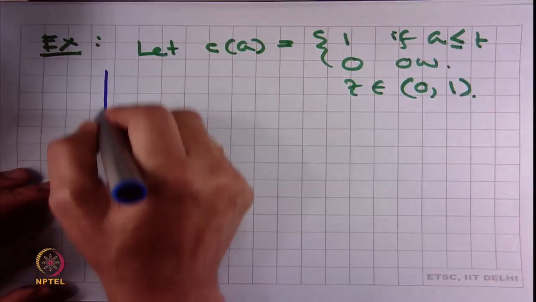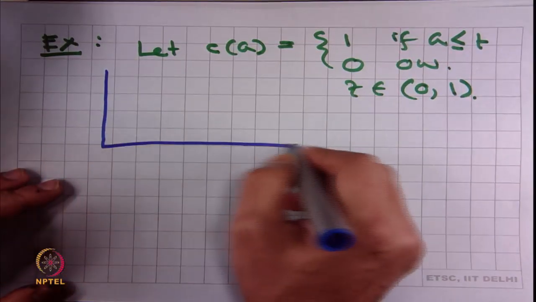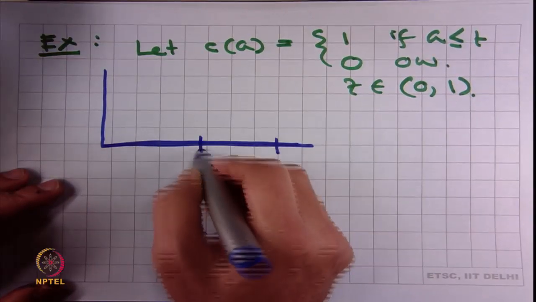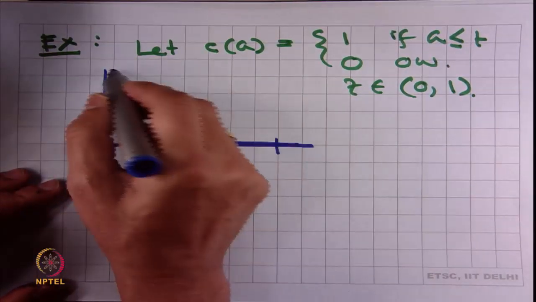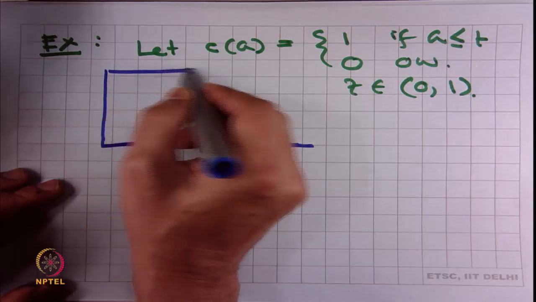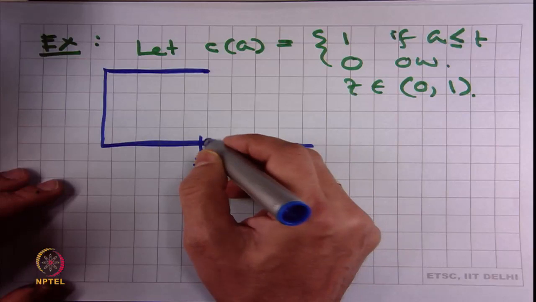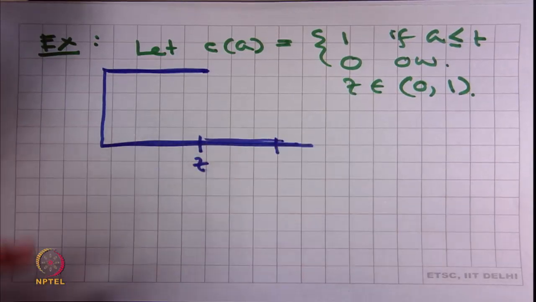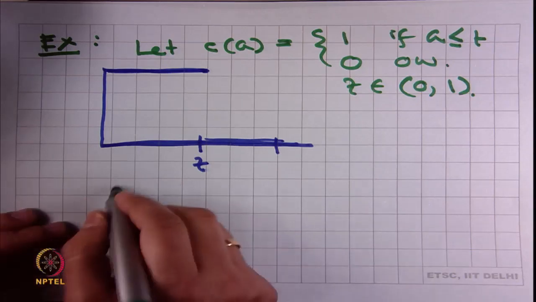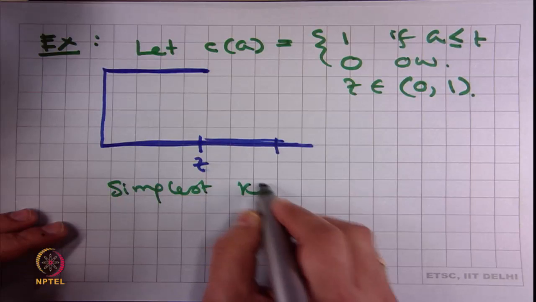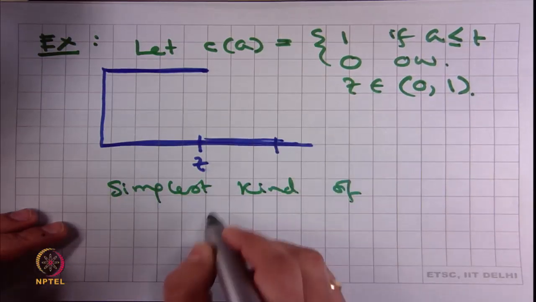Therefore, if this is T, we are looking at a function such that for these values it is 1 and for these values it is 0. So, it is one of the simplest kinds of complementation.